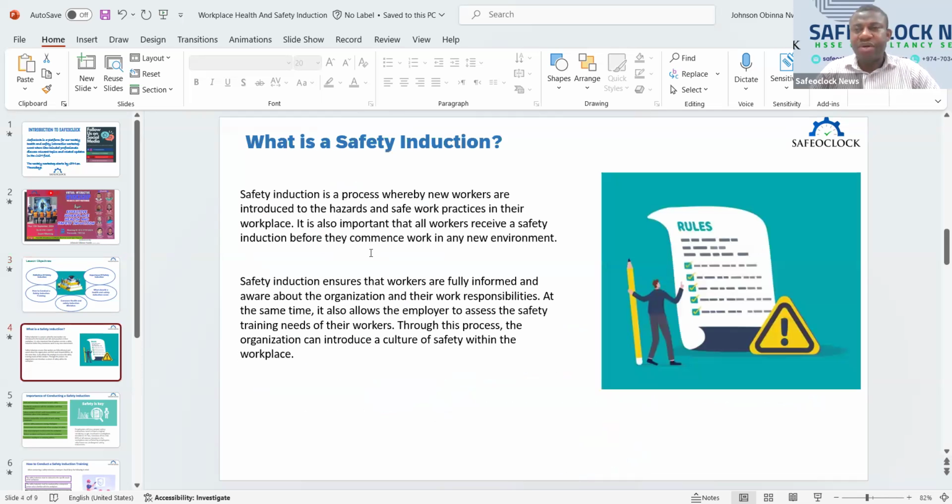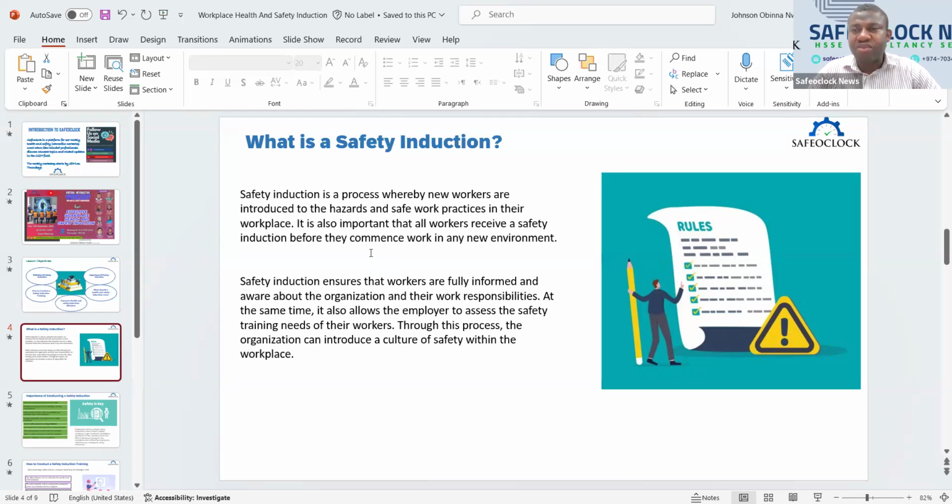So let's start. What is safety induction? In a layman's language, safety induction is the process whereby new workers are introduced to hazards in the workplace, they're introduced to the safe practices in the workplace, they're introduced to the safety procedures, they're introduced to how the organization functions in terms of health and safety.